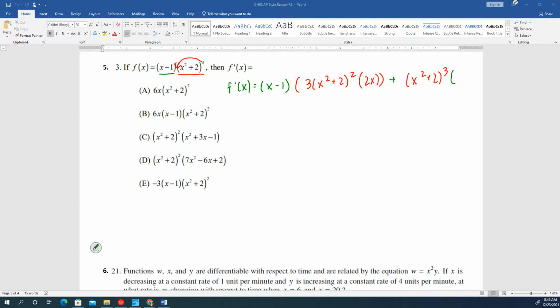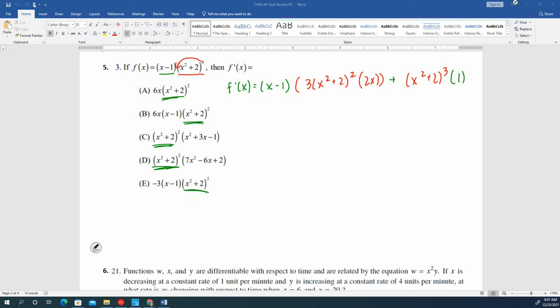Okay. Now, looking at my answers, I don't have any multiplied out option in standard form. So I don't want to multiply everything out. This is just test taking strategy in general. Looking here, I definitely see I have some factor of x squared plus 2 kind of grouped together. So I don't want to multiply those out.